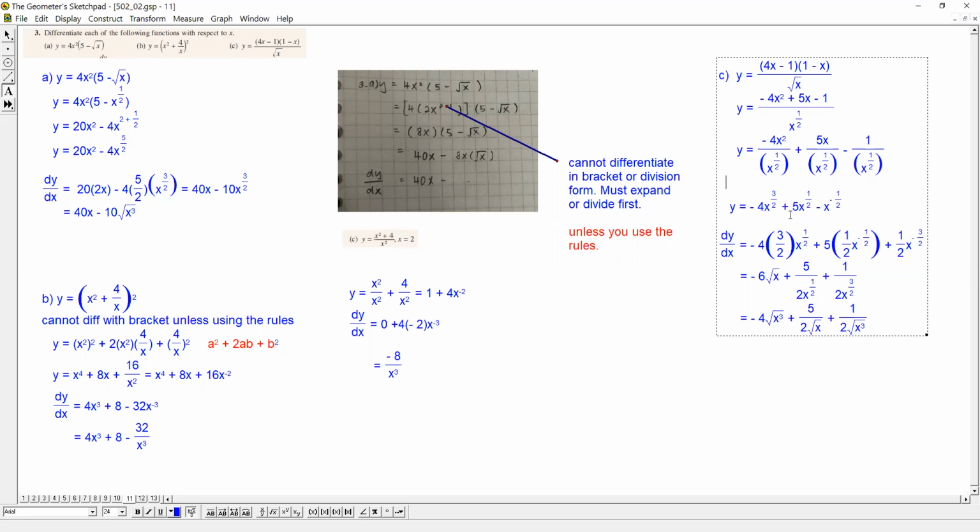Okay, then this number 5 I copy down. Those numbers you don't differentiate because a x to the power of n becomes a n x to the power n minus 1.